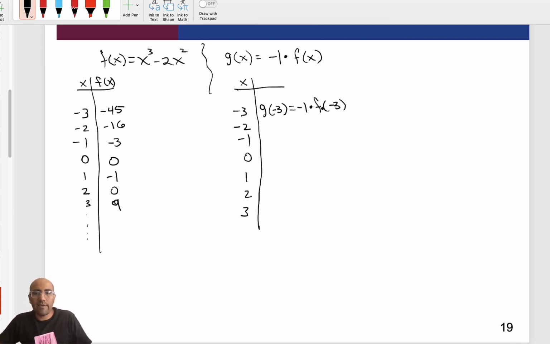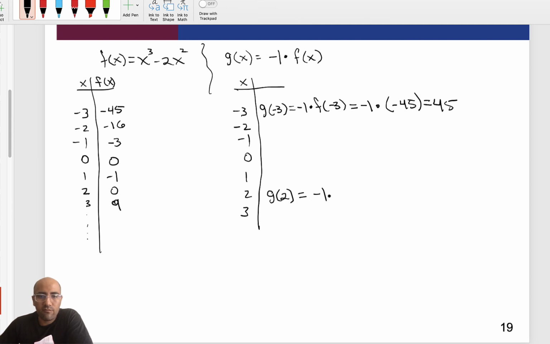So this is saying find the value at -3 from the original function, which was -45, and multiply it by -1. So obviously, I'm going to get +45. Good. At 2, g of 2 is equal to -1 times f of 2, which was 0. That's just going to give me 0.